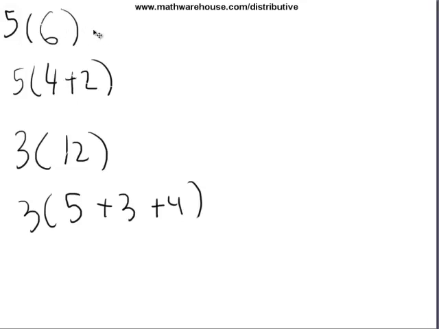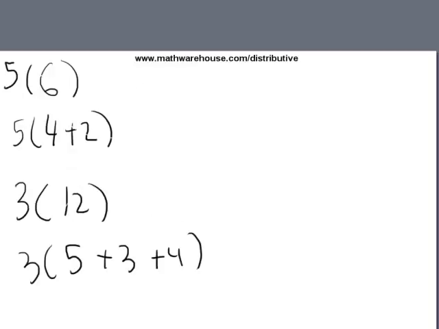So we know that 5 times 6 is 30. However, we can also rewrite 6 as 4 plus 2, right? So the difference between the top here and the second line is just how we wrote it. So we know that whatever the bottom is, we should get 30.